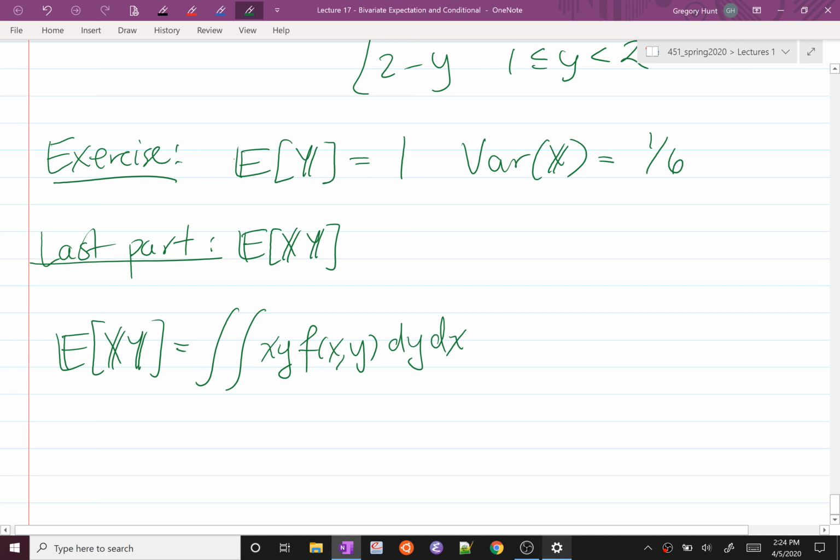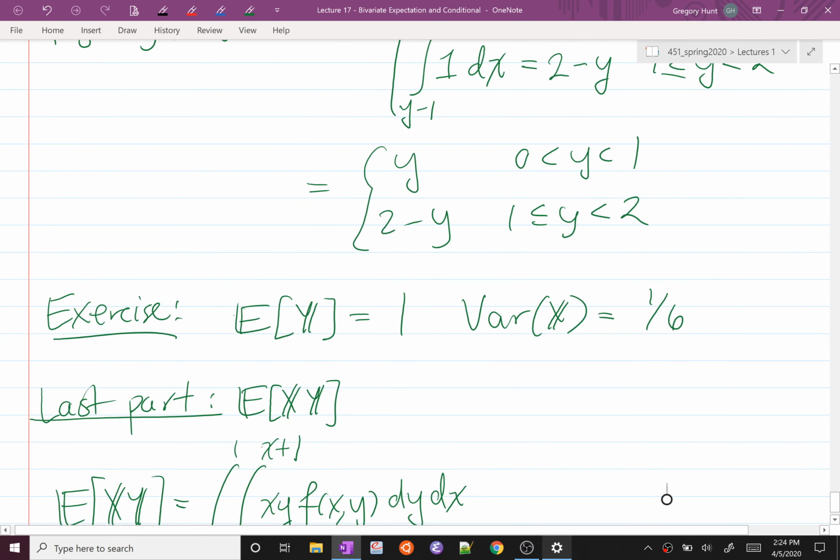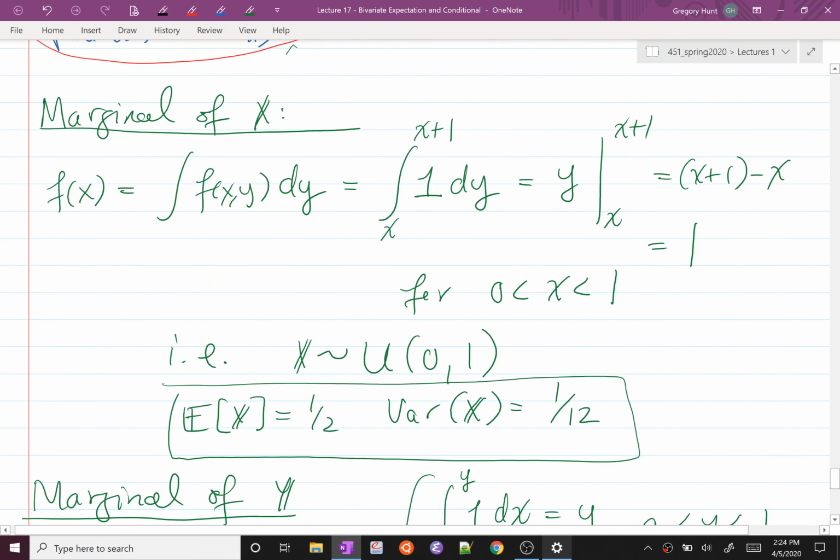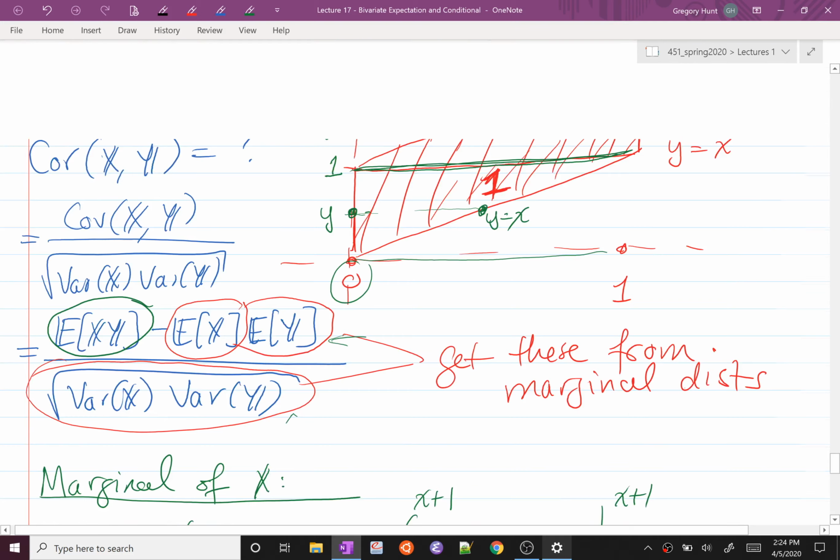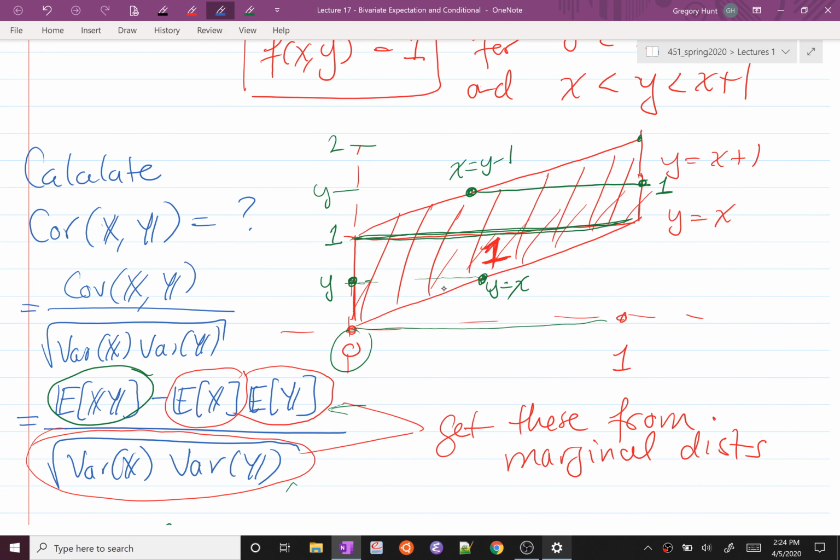I'm going to do dy first because it's easier. If I integrate dy first, our bounds for y go x to x plus 1, and x goes 0 to 1, right? So if we go back up to our picture here, I'm integrating first with respect to y. If I fix an x, my bound would go x to x plus 1 for each value.